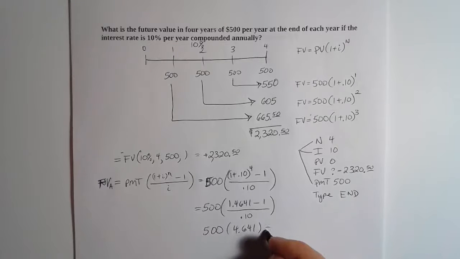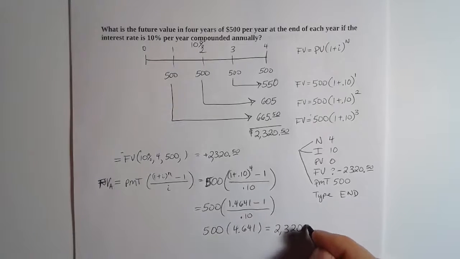And if we work that out, we get the $2,320.50, which is the number that we had gotten the other ways as well. I recommend you try some similar problems and see how you do.